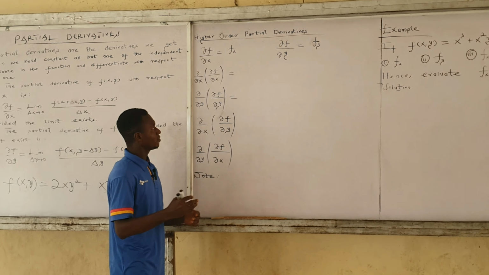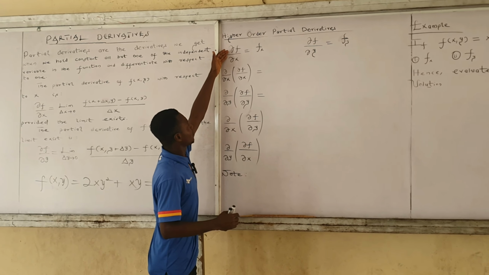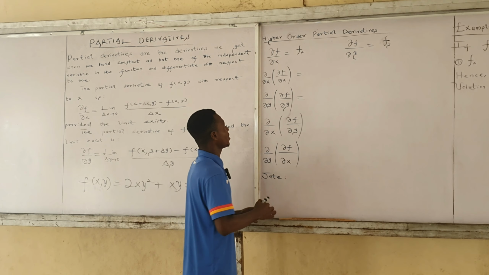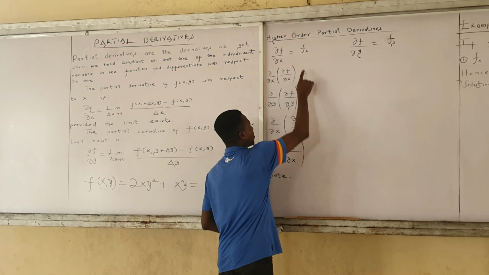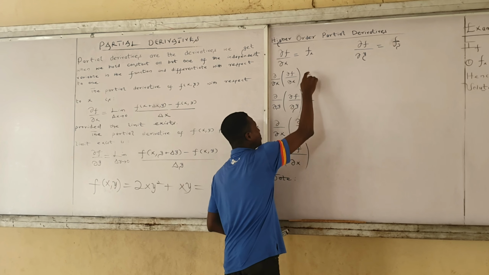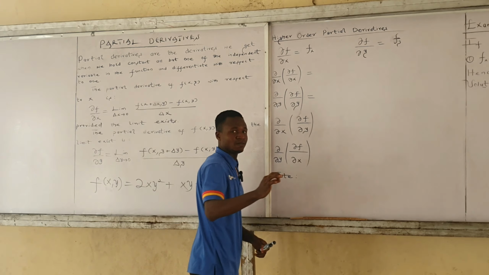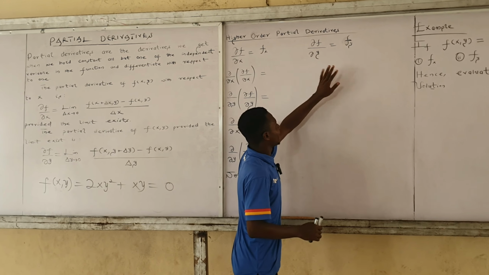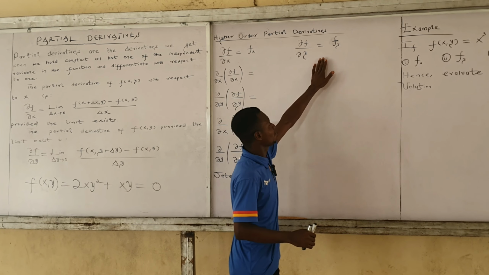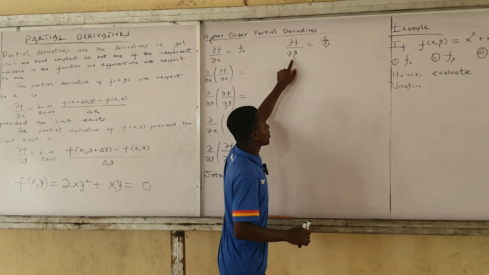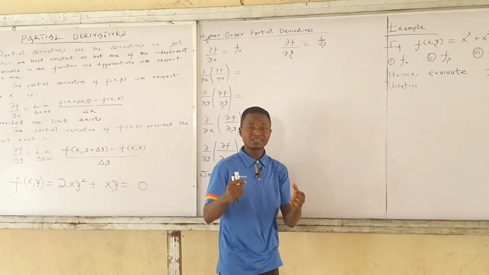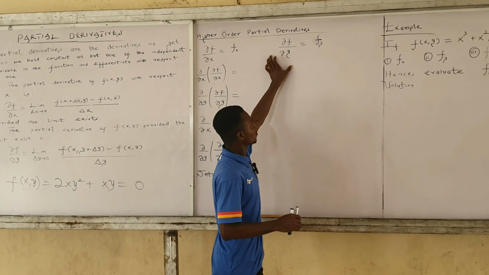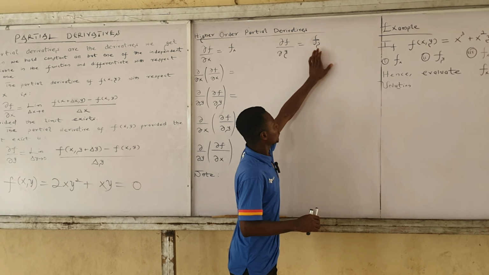The partial derivative of the function with respect to x is also written as f subscript x, where the subscript indicates a partial derivative with respect to x. And ∂f/∂y indicates that we have to differentiate the function with respect to y, given the presence of two variables. This is also written as f subscript y.